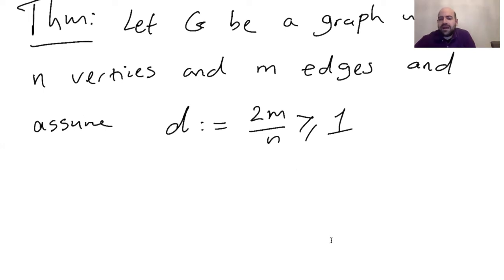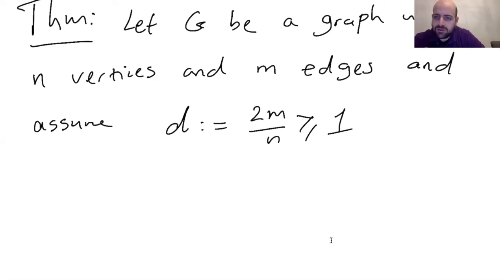d is the average degree for this graph, right? So how do you find the average degree? You add the degrees of all vertices divided by the number of vertices, which is n, and the sum of all degrees is going to be 2 times the number of edges, because each edge is counted twice.